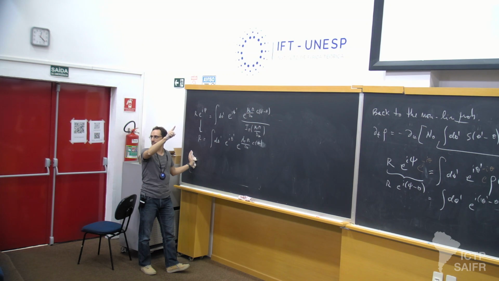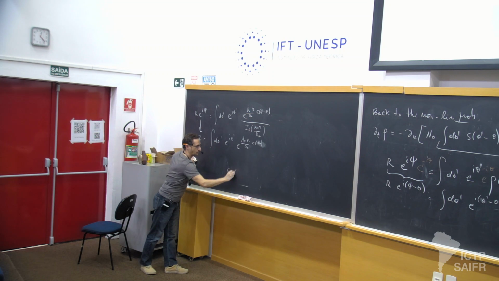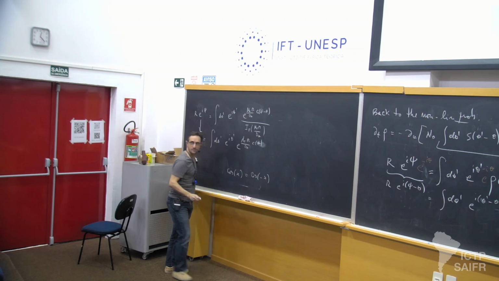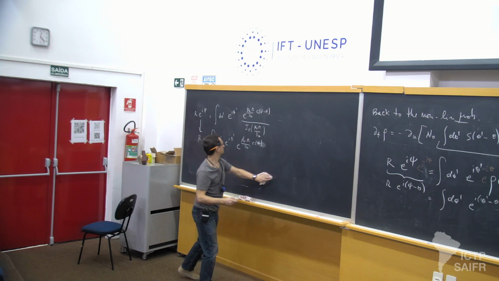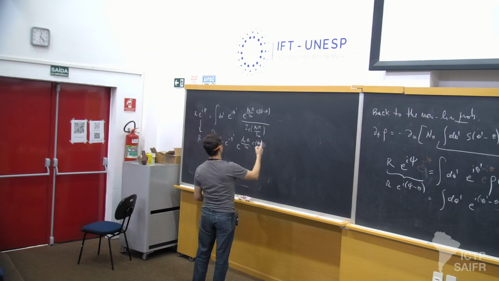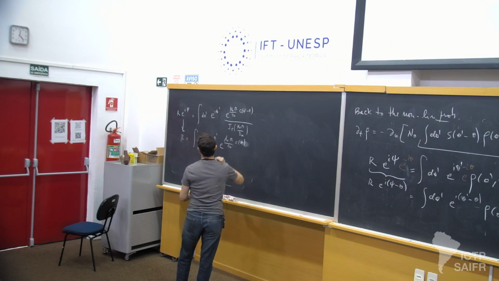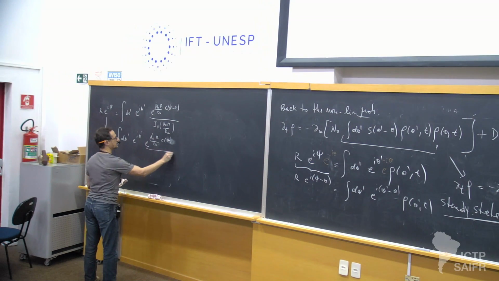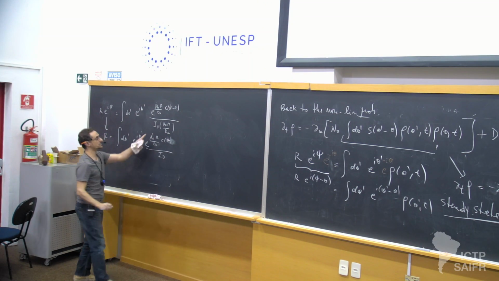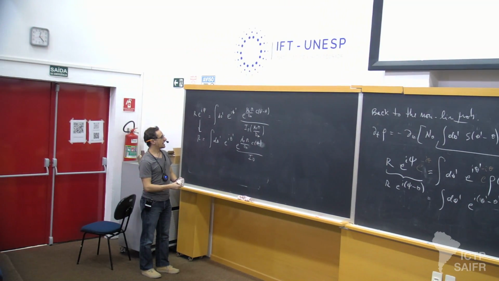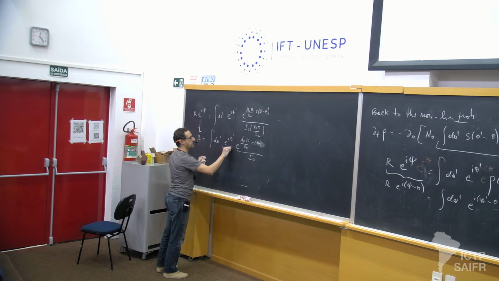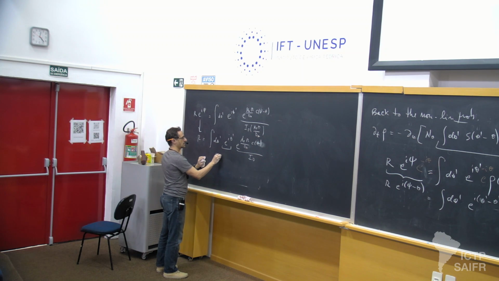So this is this way, and we have this guy here, which is a constant, and there is a bit more. This one is cos theta.